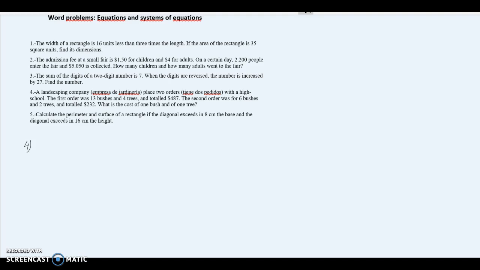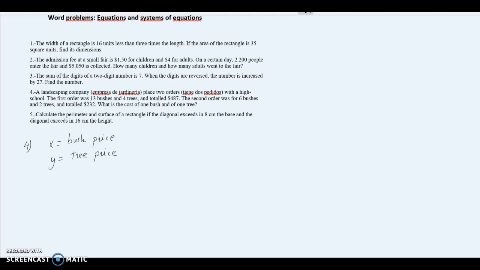So the question in the last problem is what is the cost of one bush and one tree? So X is the price of a bush, and Y is the tree price.